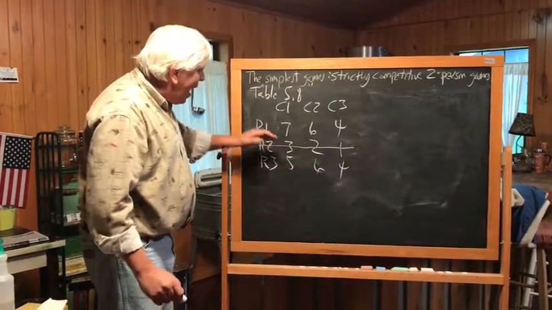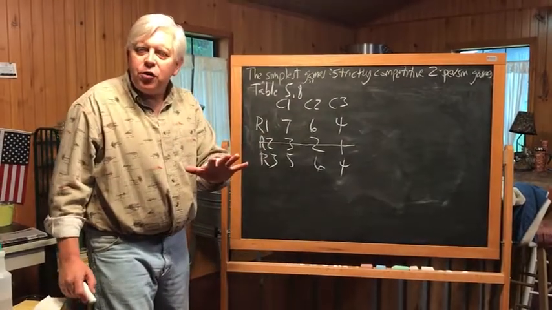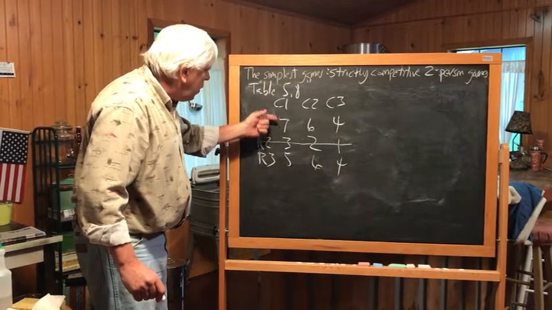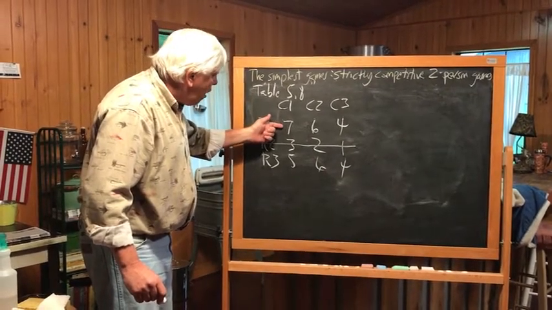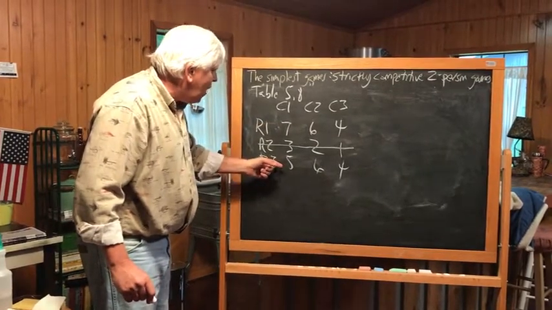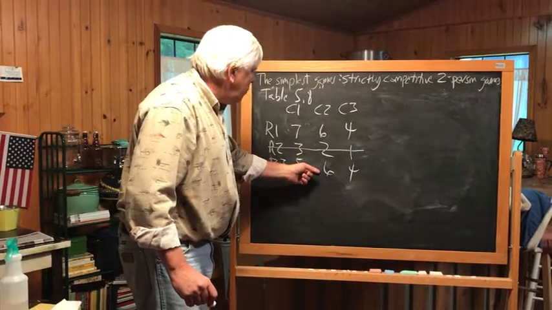But now look at R1 and R3 and notice something about this row. In C1, R1 pays off better than R3 does, +7 for row as opposed to +5. In C2, they pay off identically, +6 and +6.